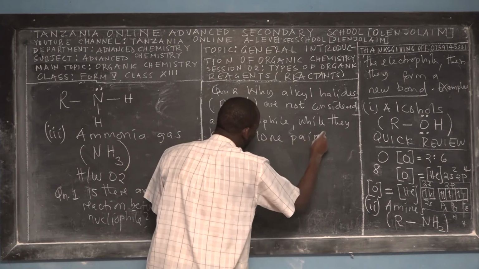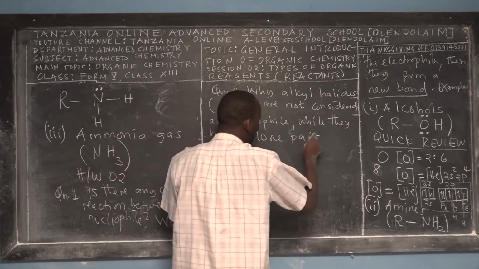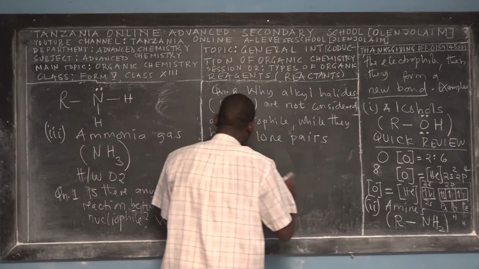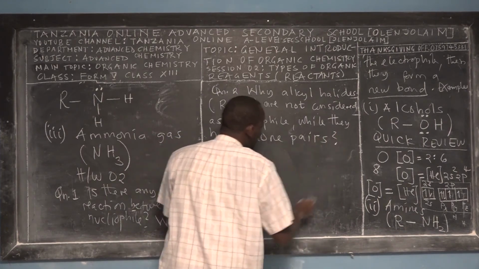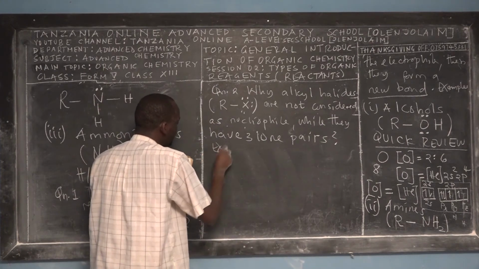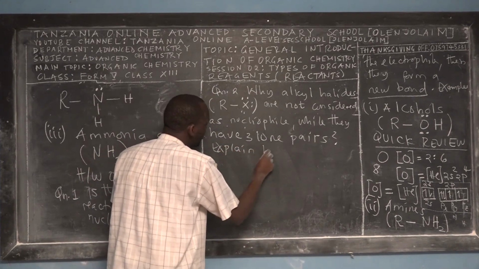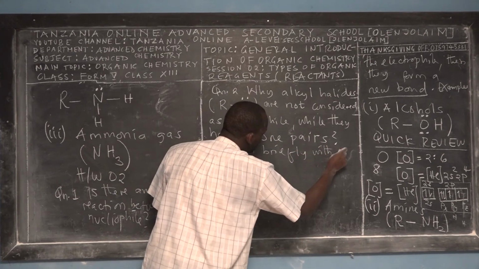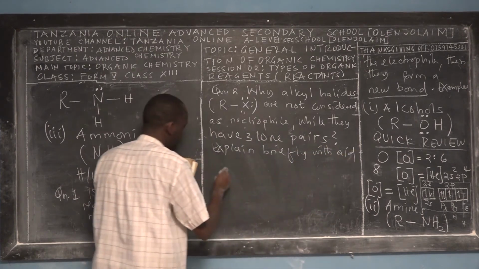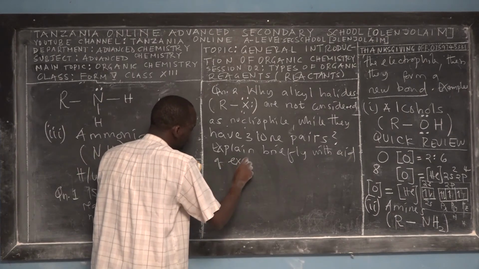The question now which I want you to ask yourself. Okay? They have 3 lone pairs. Explain briefly, with the aid of examples.